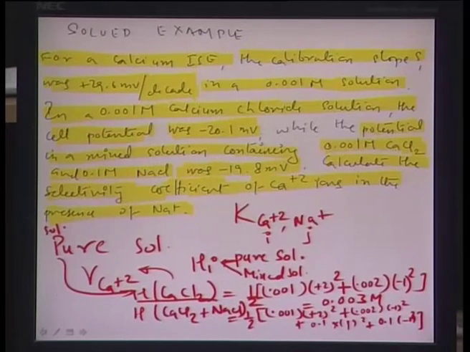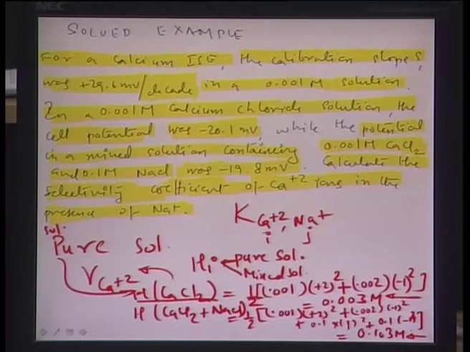This comes out to be effectively equal to 0.103 molar. So, the mu for CaCl2 comes out to be 0.003 molar, and for the mixed solution the mean ionic strength comes out to be 0.103 molar.